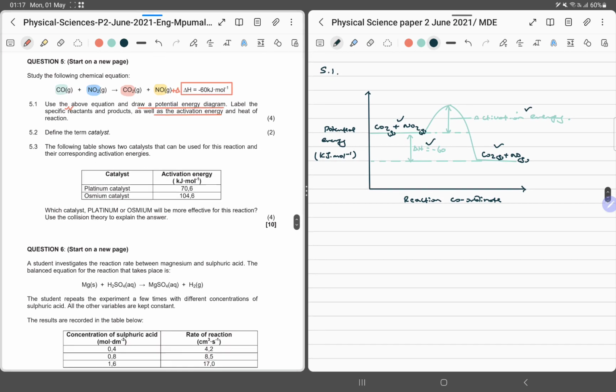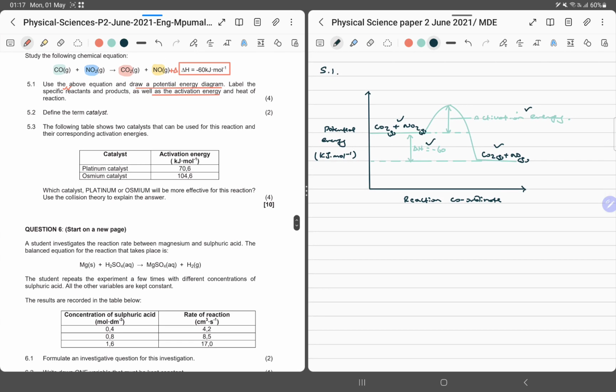And then let's move on. It says now define the term catalyst. Again, guys, easy stuff here. No need to be losing marks here.